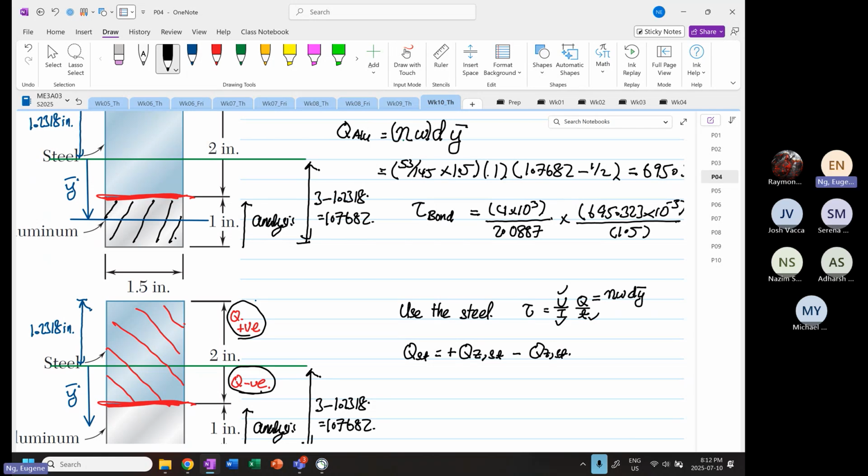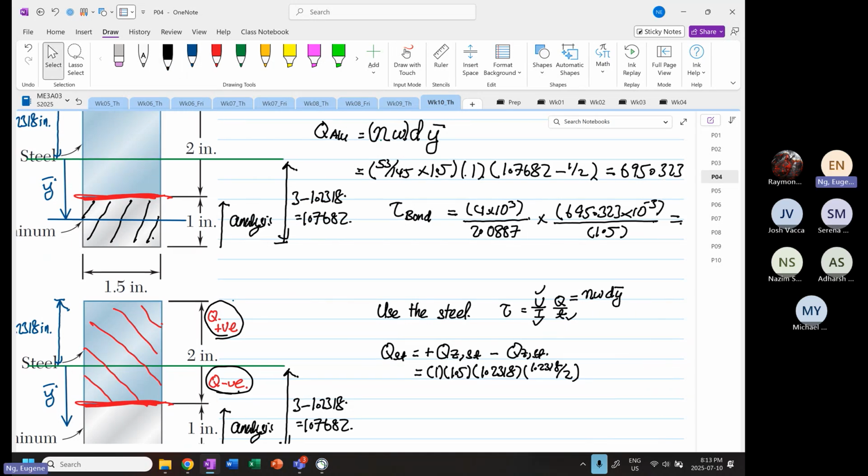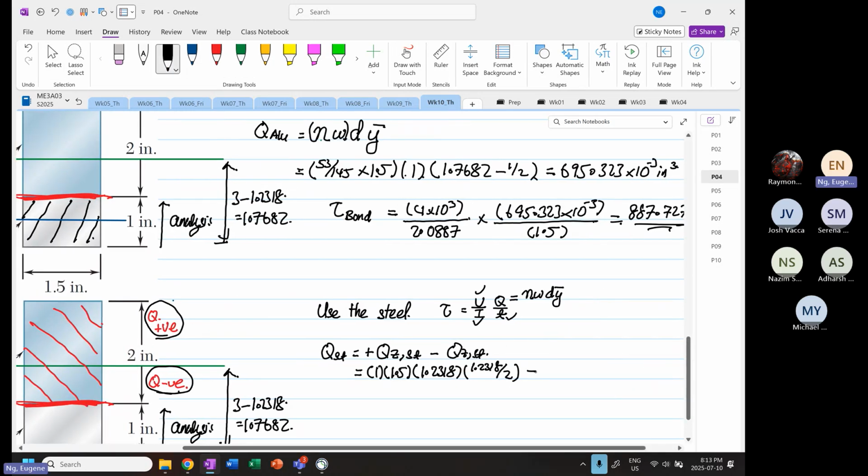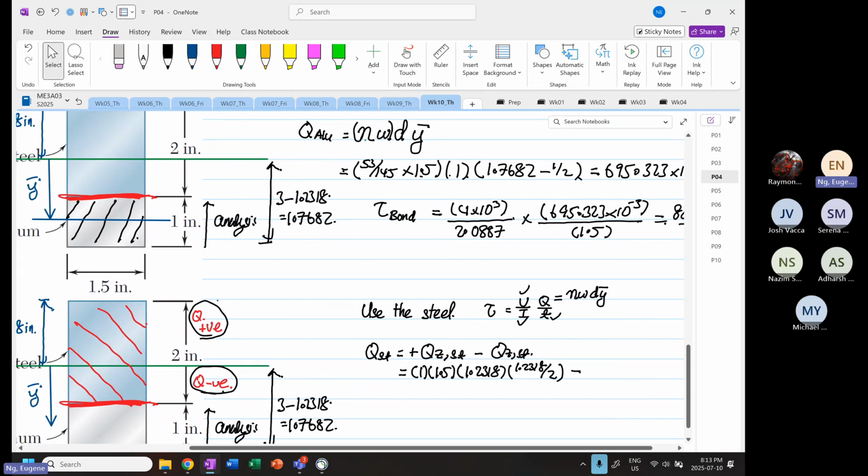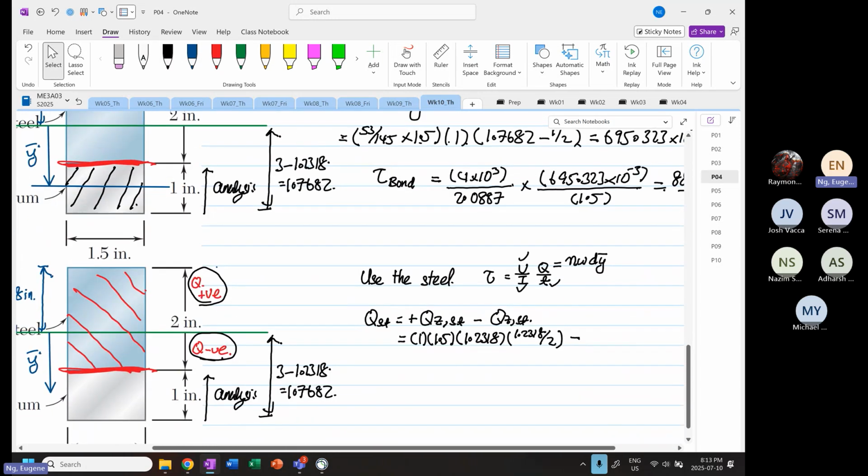And we know that n is equal to 1. So for the top, n is 1. The width is 1.5. The depth is 1.2318, multiplied by y bar, which is equal to 1.2318 divided by 2. And then minus. Over here we have to find this thickness now.